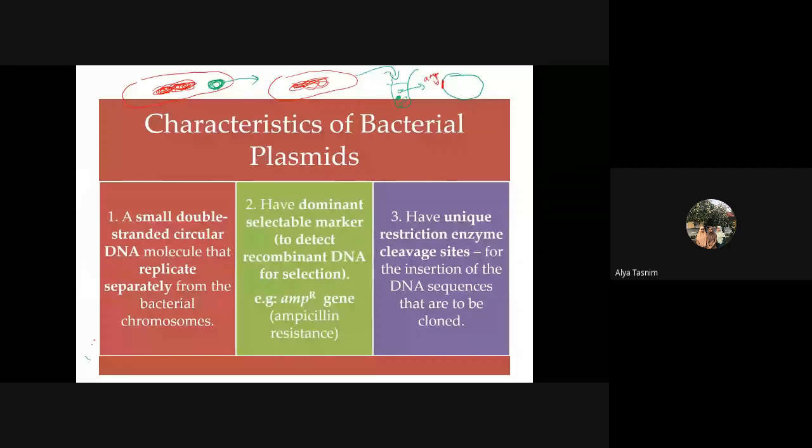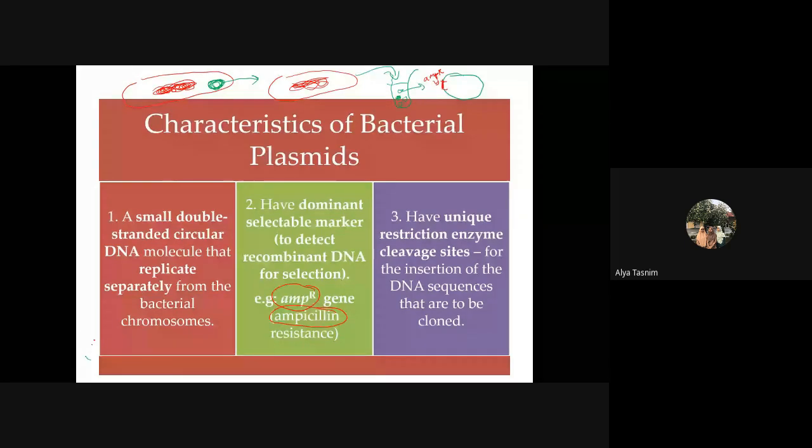Okay, so this gene allows the bacteria to survive in certain conditions. Because this is the ampicillin resistant gene, when the bacteria has the plasmid that has the ampicillin resistant gene, it allows the bacteria to survive in a medium that contains ampicillin. Ampicillin is an antibiotic, kan?